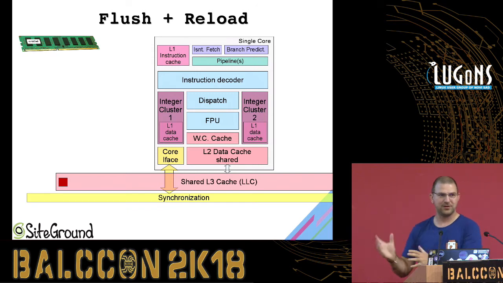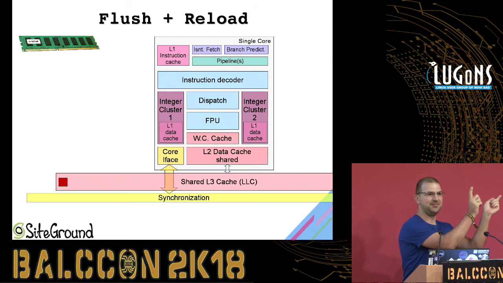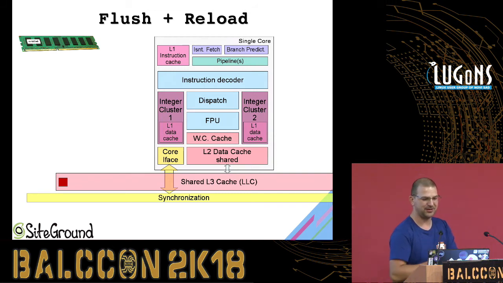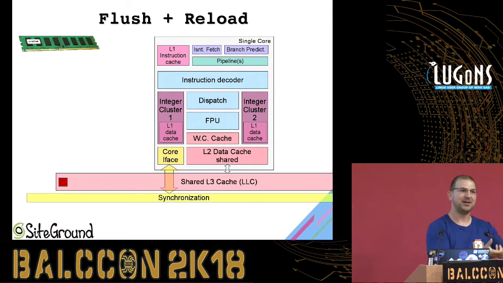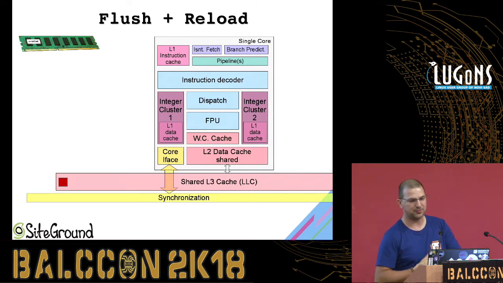So you can flush this, and essentially, since you know the memory region, after you flush, you can time how much time it took the CPU to get the data back to the cache again. Timing this would actually tell you what types of bits you get there, ones or zeros.